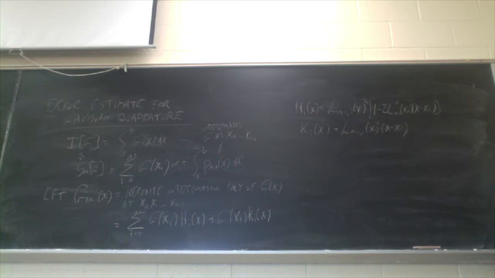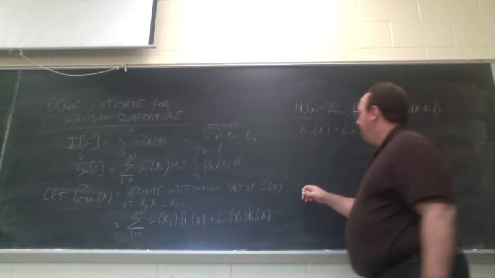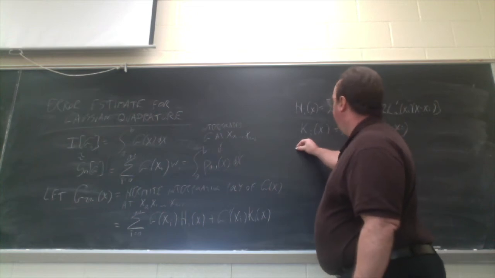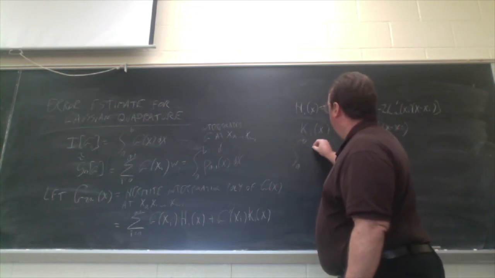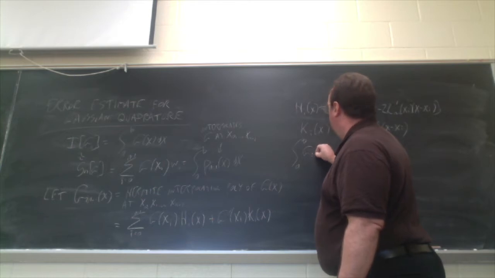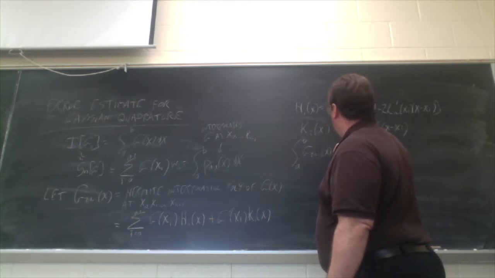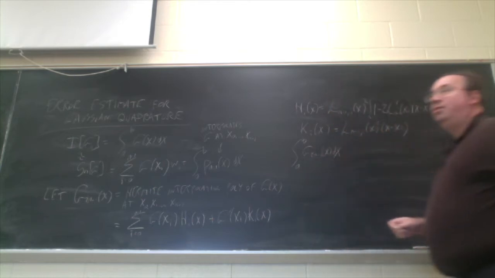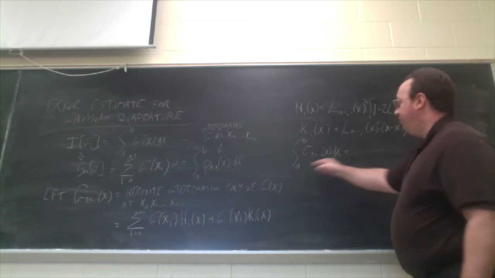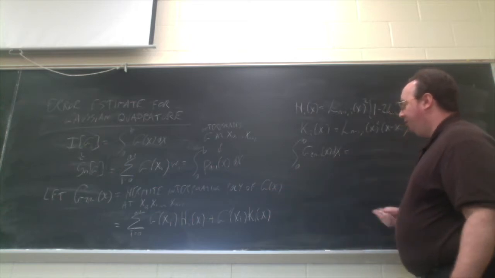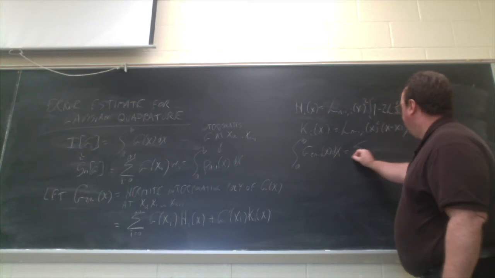So what I'm going to do now is take the integral of the Hermite interpolant and try to simplify it. That's going to be just using this form down below and simplifying as much as I can.